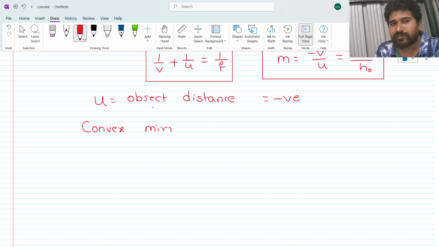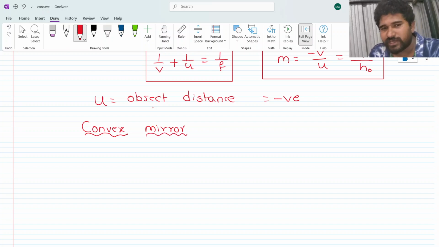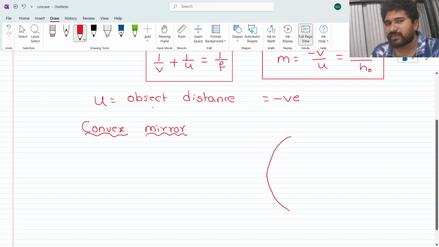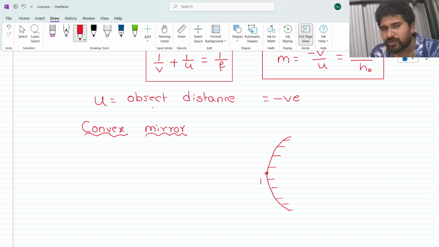Now, some more points you need to know about the convex mirror. You just see its representation, how it will be. This is the convex mirror. What is this point? Pole. We will draw a line, the principal axis.